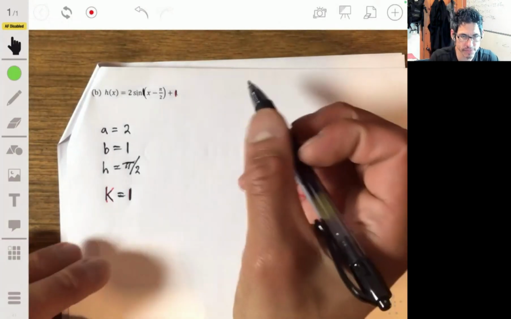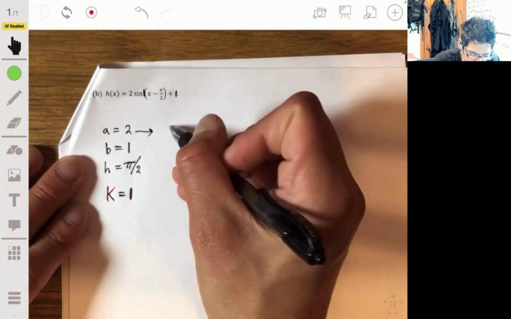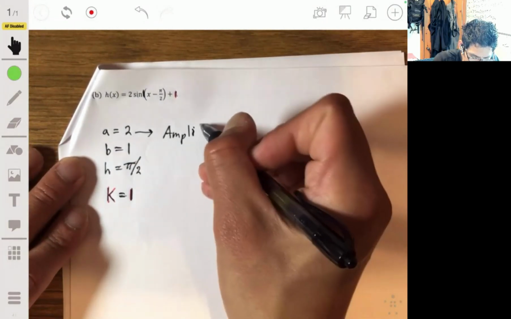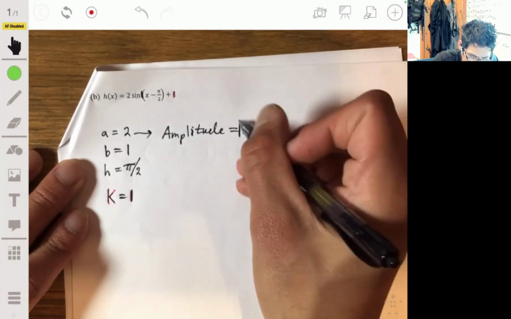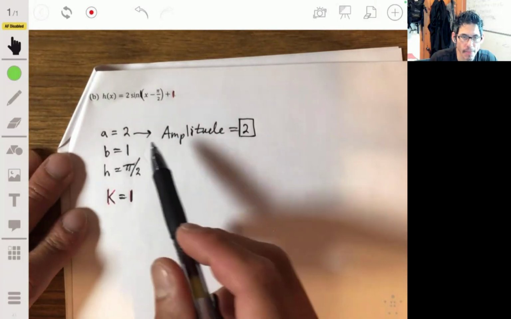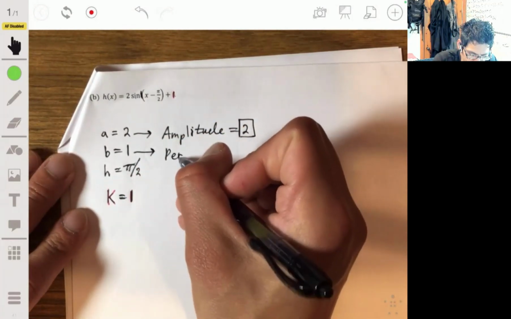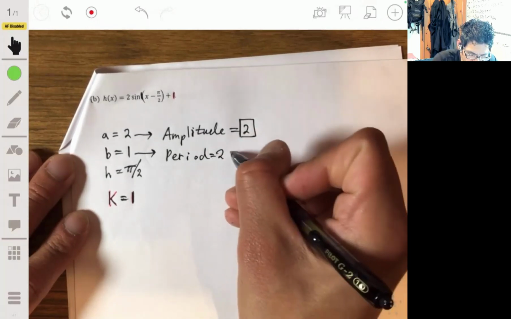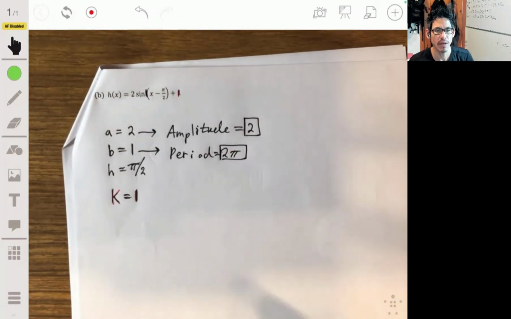Going through these, the a being 2 means that the amplitude is equal to 2. So it's 2 units tall, 2 units away from the midline, or the middle line. The b controls the period, and the period is normally 2 pi, so it's just going to stay at 2 pi. Remember, that's how long it takes to repeat the pattern.